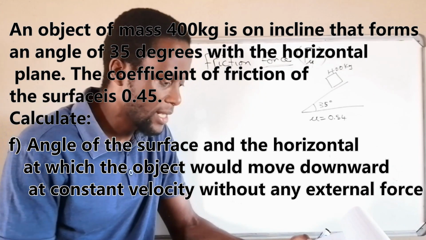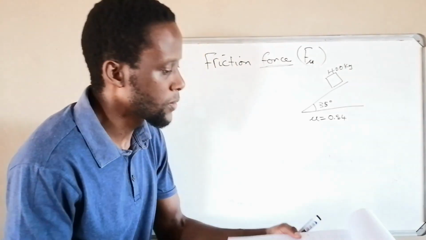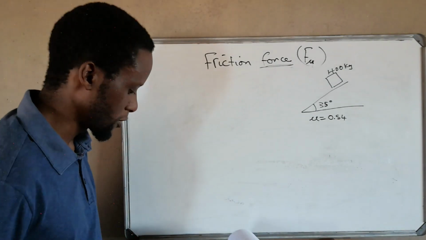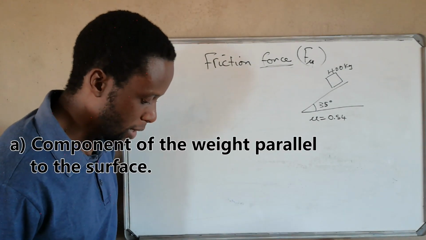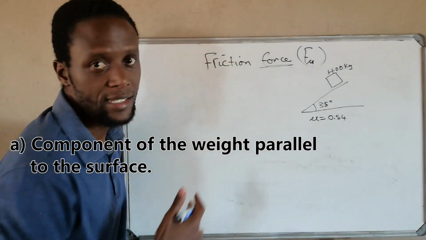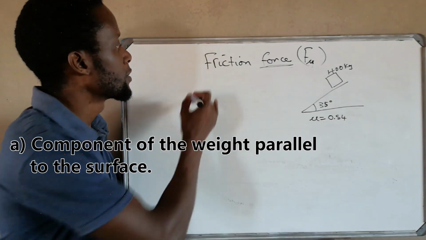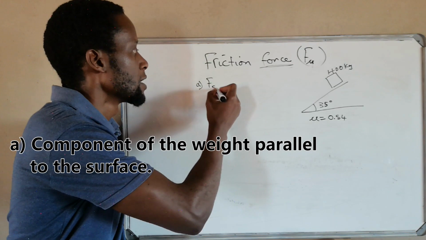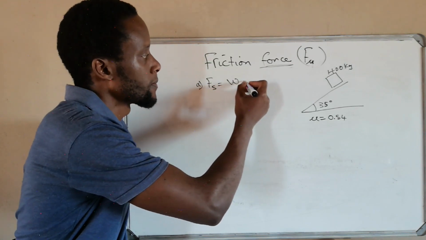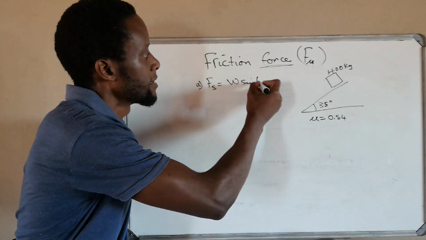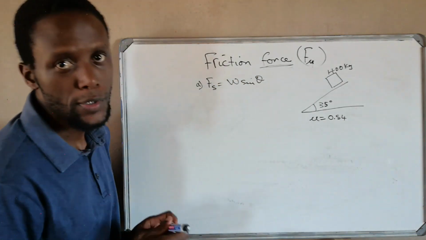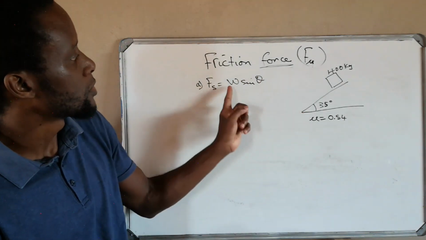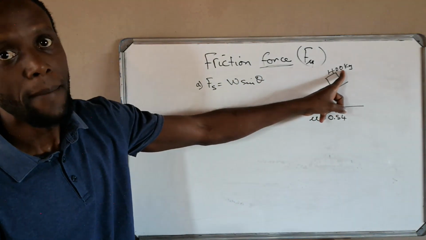Alright, so to answer the first question, what they're asking us for is the component of the weight parallel to the incline. Remember what we said, the component of the weight parallel to the incline is the sliding force. So your sliding force is the weight times sine theta of the incline. But the question does not have the weight. What it has is a mass.